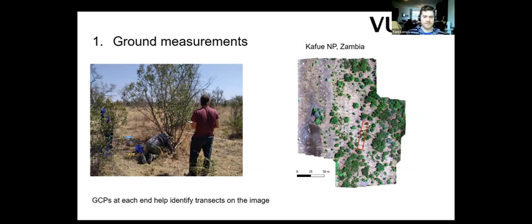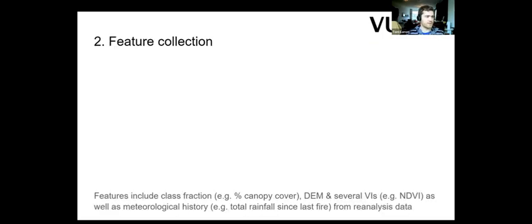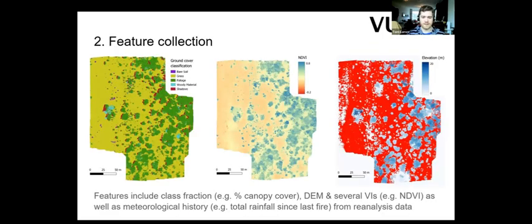And from these images, we can collect a whole host of different data from the drone. So that includes, but is not limited to, a class percentage. So how much proportionally of grass cover there is, how much proportionally of canopy cover, how much bare soil there is, but also various vegetation indices like NDVI, and from the stereophotography, from photogrammetry, we can also get a canopy height map of the area.